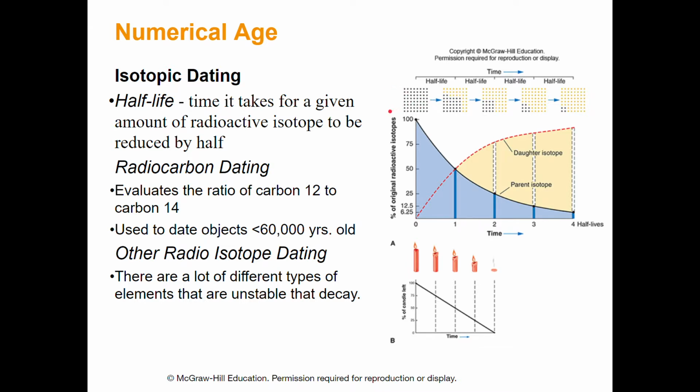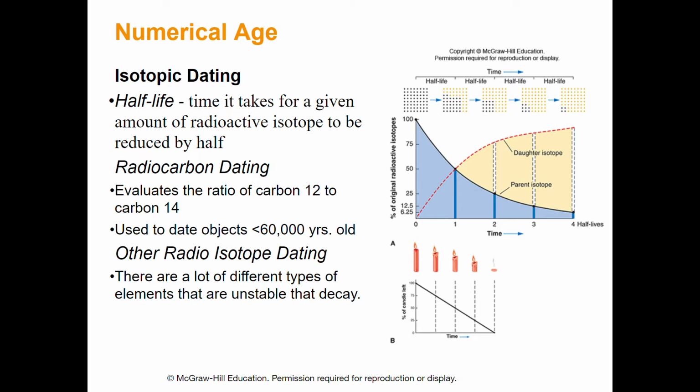But essentially, let's just say you've got a rock, you've got a certain number of atoms in there, and a whole bunch of them are radioactive. Well, those radioactive atoms will randomly decay. They won't all decay at once.